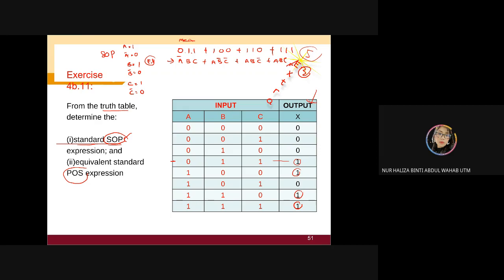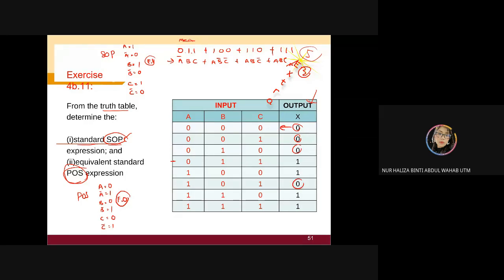You need to find the next one, which is POS. Please remember your POS: A equal to 0, A bar equal to 1, B equal to 0, B bar equal to 1, C equal to 0, C bar equal to 1, F will be 0. So I'm going to look into the rows where F is 0. Want to erase the others.